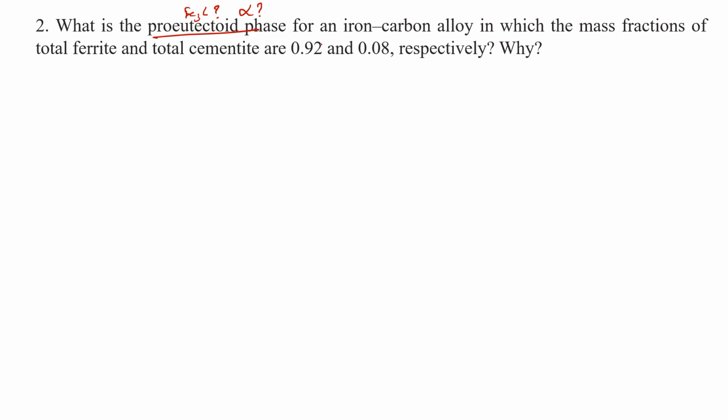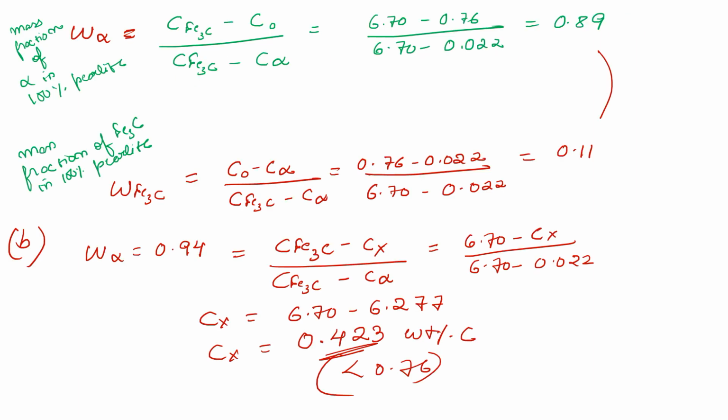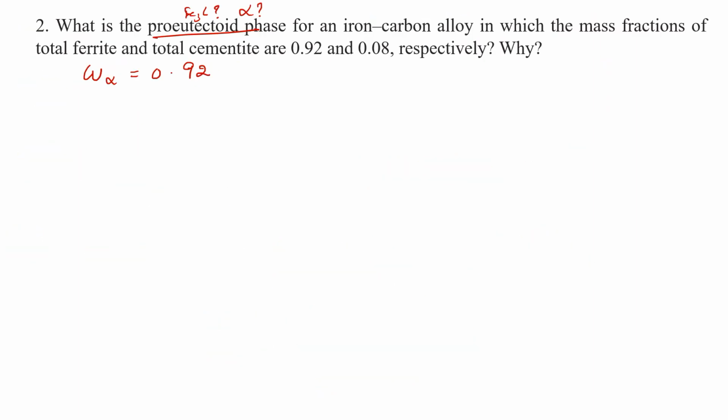For an iron carbon alloy in which the mass fraction of total ferrite is 0.92, and the mass fraction of total cementite is 0.08. So this is just an extension of the previous question.